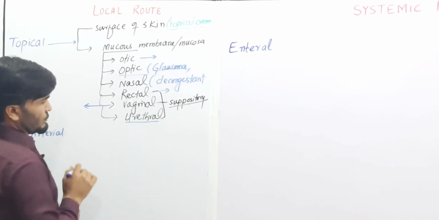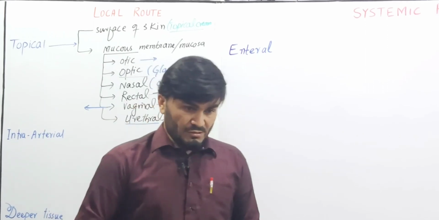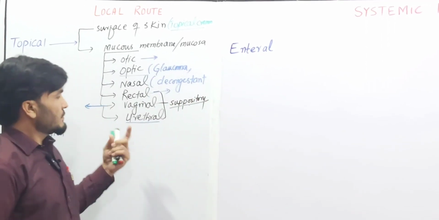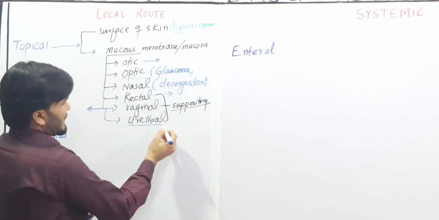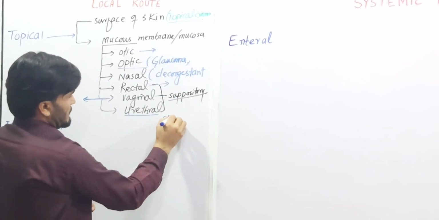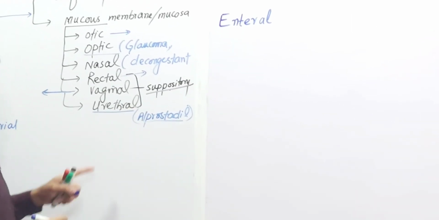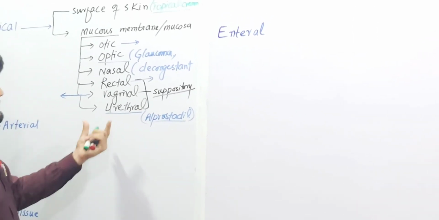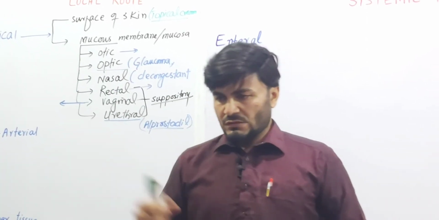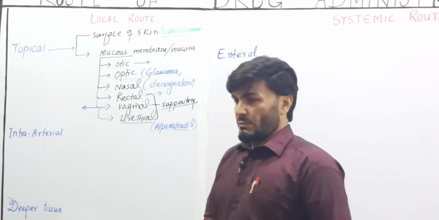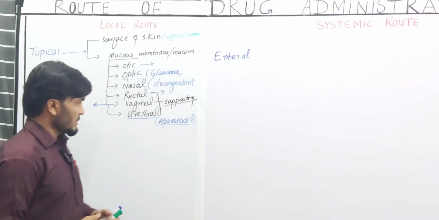And in the urethral route, the drugs are administered into the urethra in erectile dysfunction in males, like alprostadil, which is administered in the form of suppository. So this can solve the erectile dysfunction problem. So these are all the topical administration of the drug.